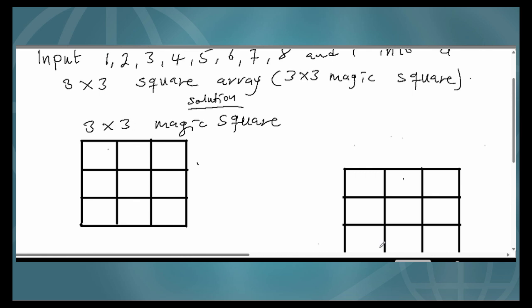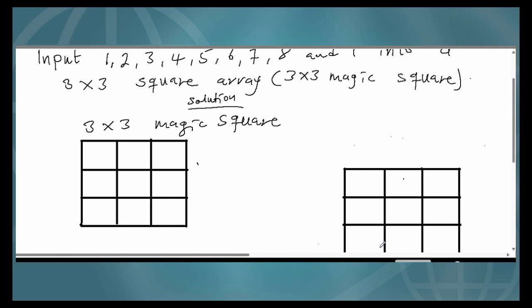So looking at the square that we have constructed here, we have 3 rows, 1 2 3, and 3 columns, right?